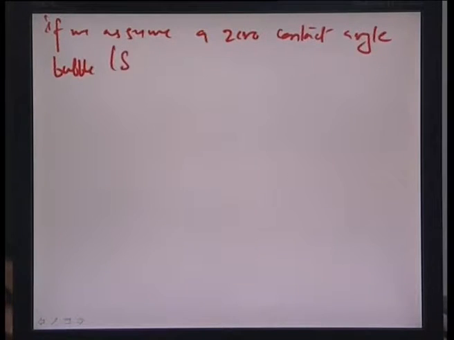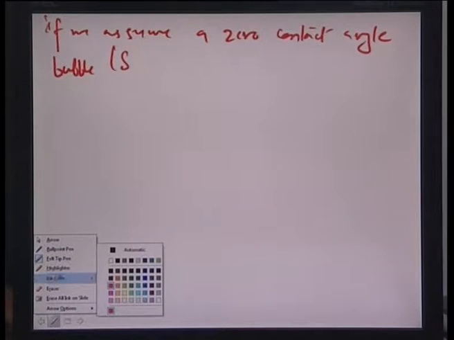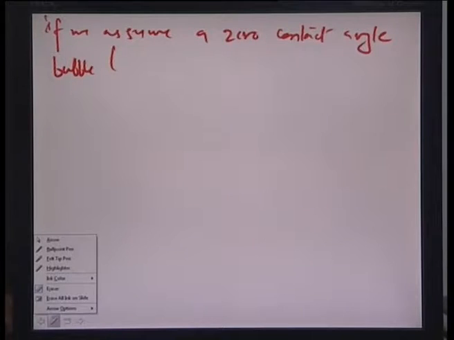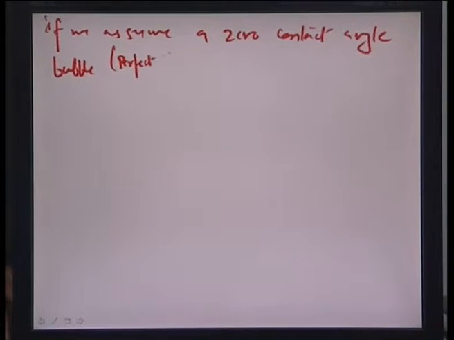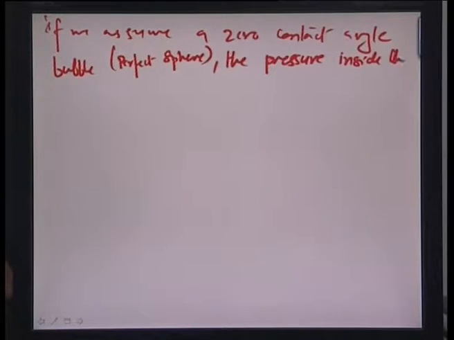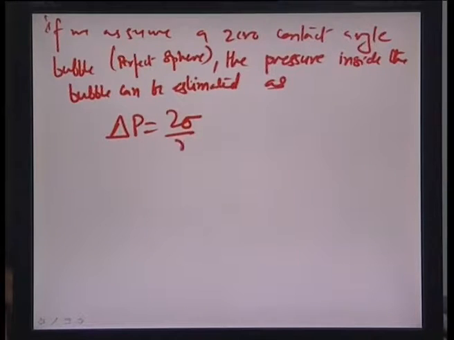If we assume a zero contact angle bubble, or let us say a perfect sphere with no contact angle whatsoever, the pressure inside the bubble can be estimated as delta P equal to twice sigma by r.